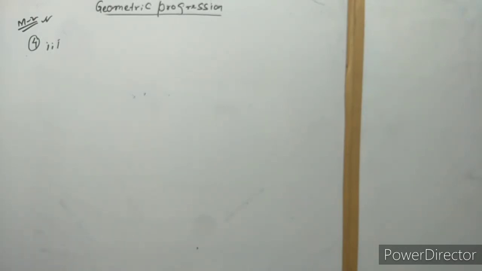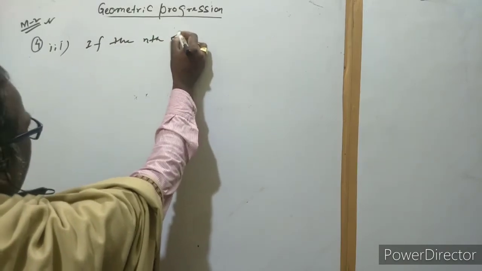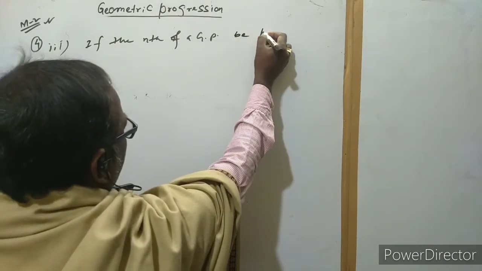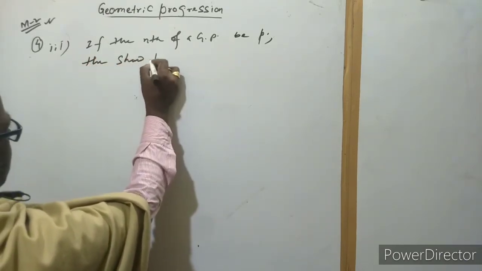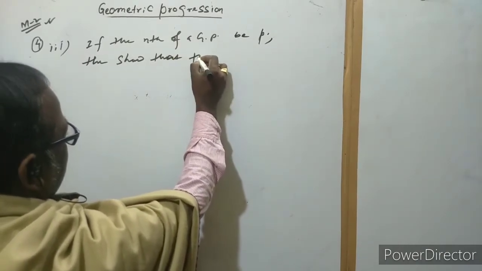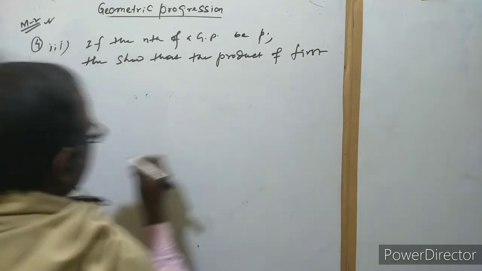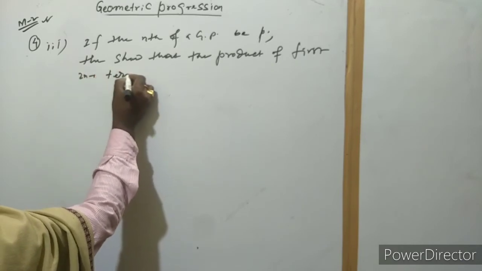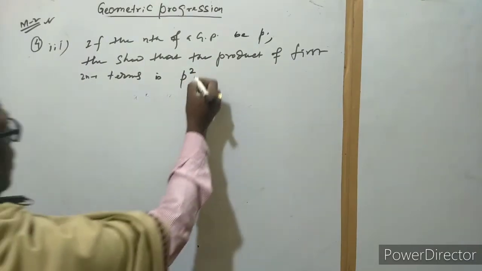And the question is that if the nth term of a GP is P, then show that the product of the first 2n minus 1 terms is P to the power 2n minus 1 actually.